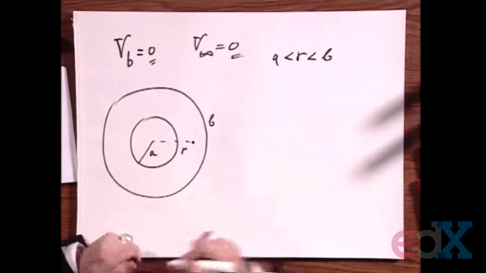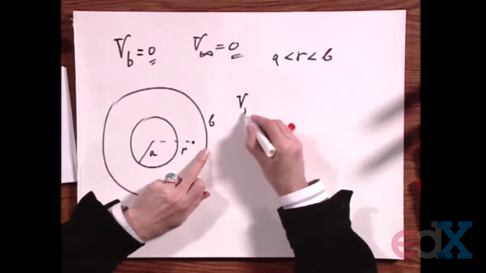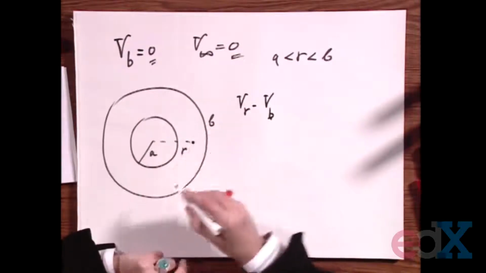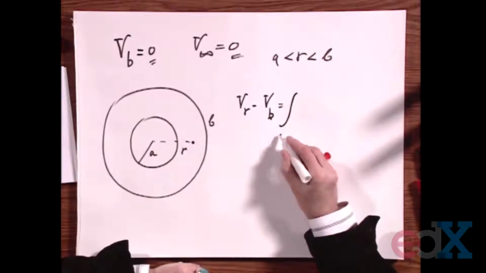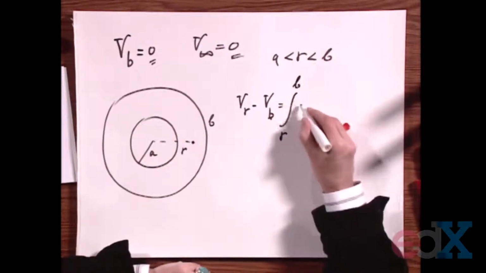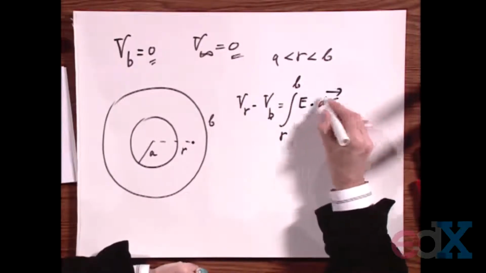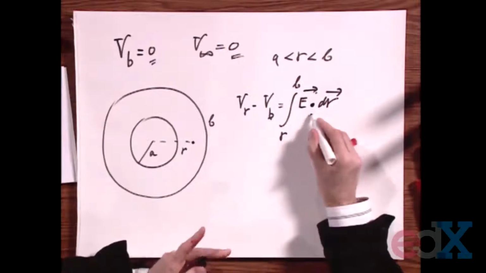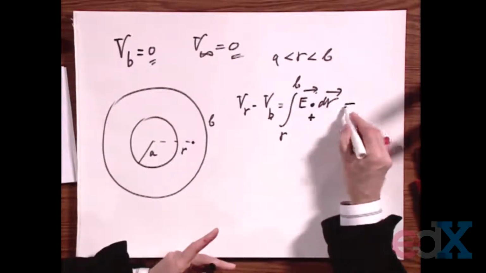Well, if I go from here to there, and I use my shorthand notation, V_r minus V_b, where B is any point on this cylinder, that equals the integral going from r to b of E dot dr. The dot becomes a plus 1 because the cosine of the angle between E and r is plus 1, so I don't have to worry about that.